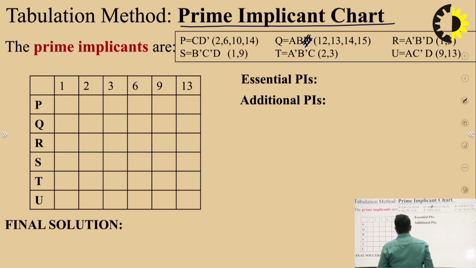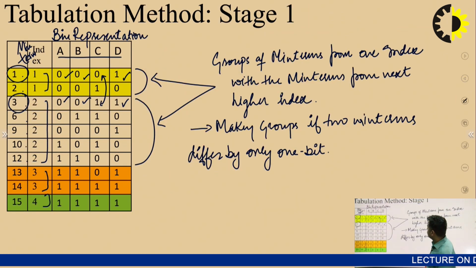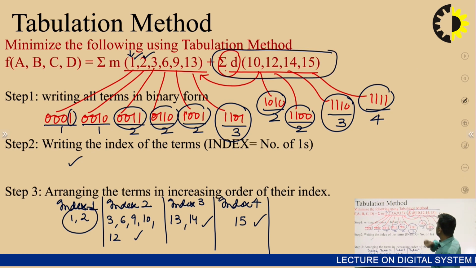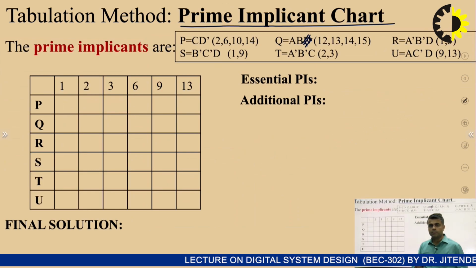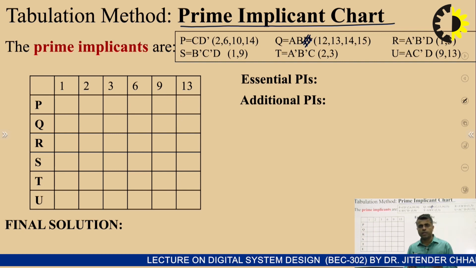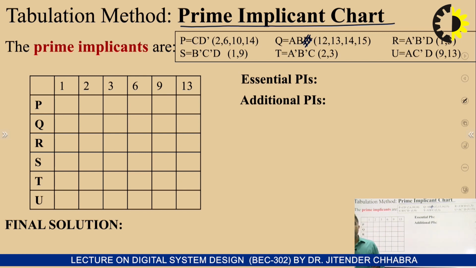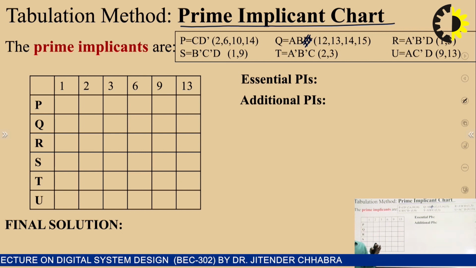Now the only difference is that if we go back to our first slide where the question was mentioned, these 4 terms, 10, 12, 14, 15, were our don't care terms. I have used these terms while grouping in the grouping stage, but while writing the answer, I am not bothered about these don't care terms, because I am primarily doing this method to minimize the expression by grouping all the ones only.